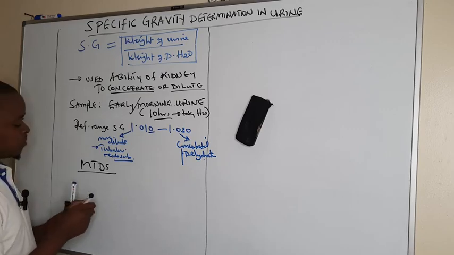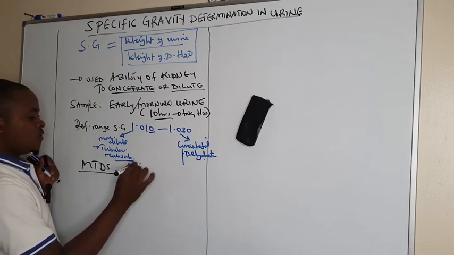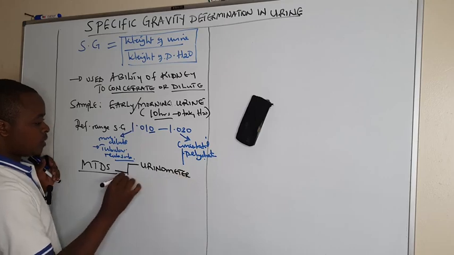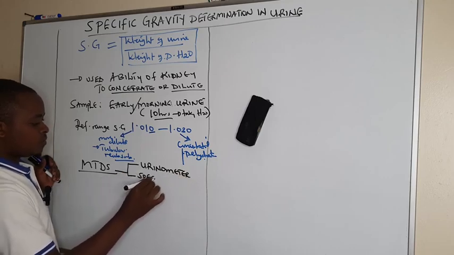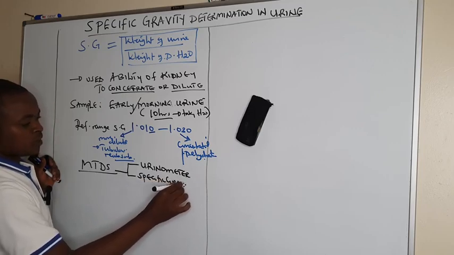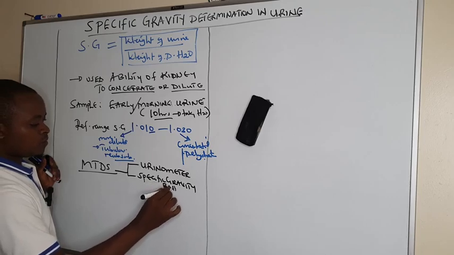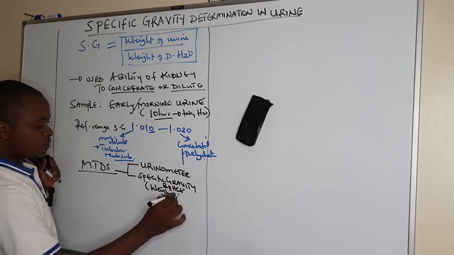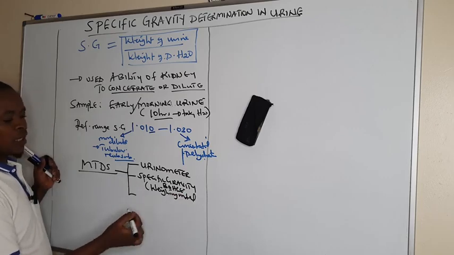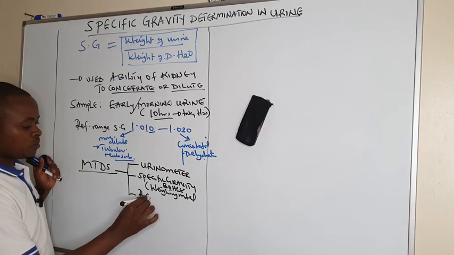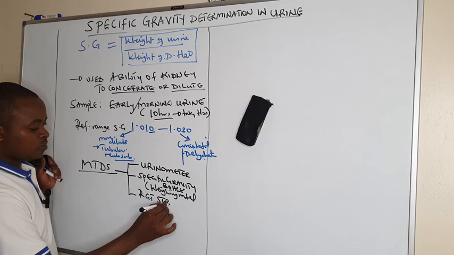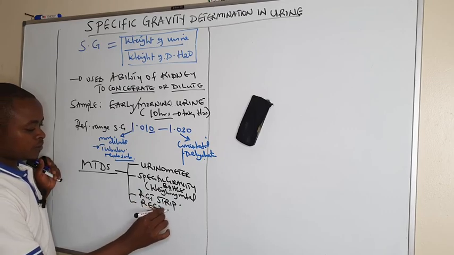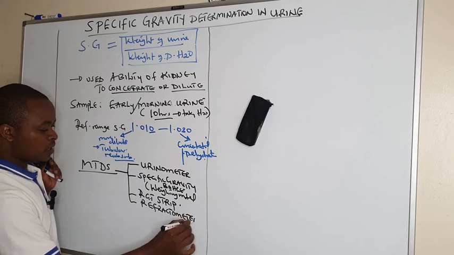We can employ what we call the urinometer; we can use the specific gravity bottle, which you can call the weighing method; then we can also use the reagent strip, which we call the dipstick; and lastly we can use the refractometer, but it is not commonly used.